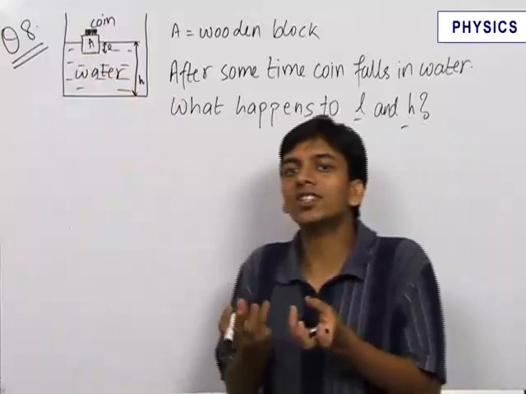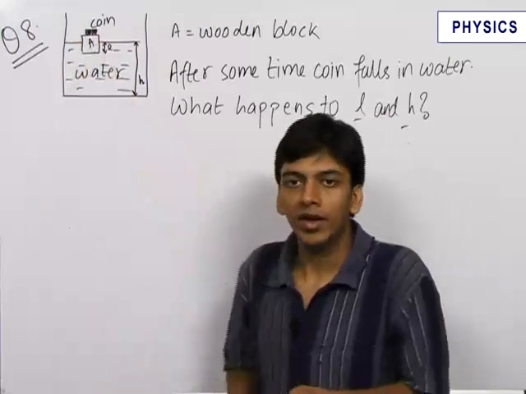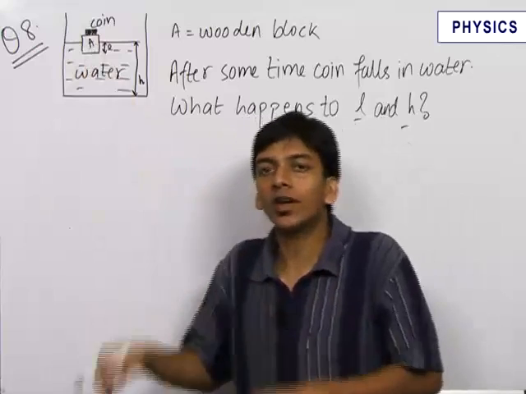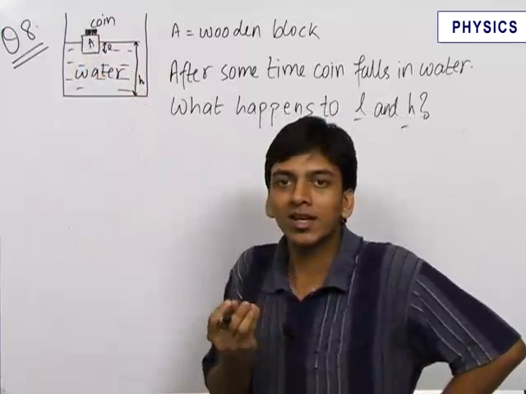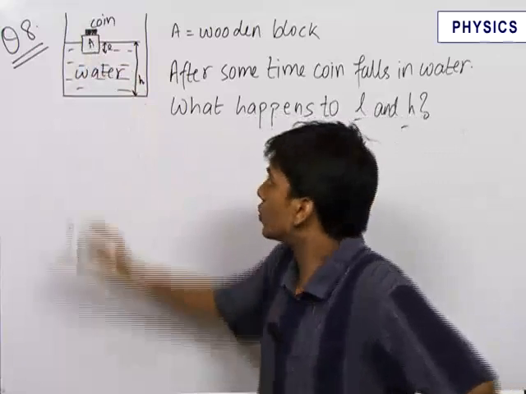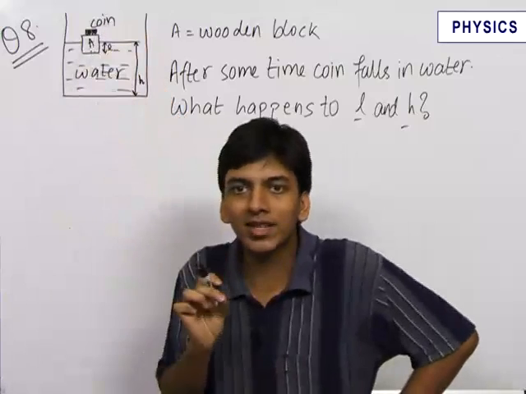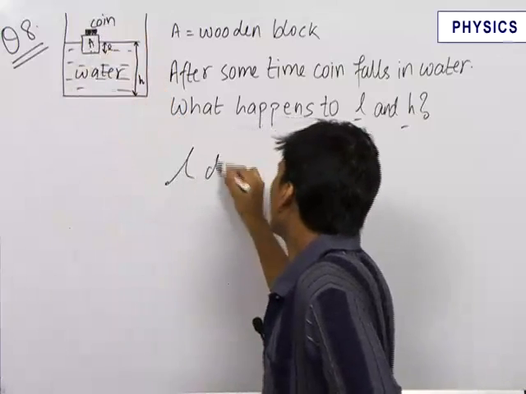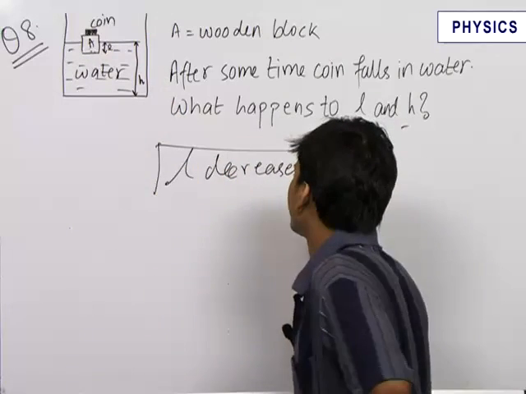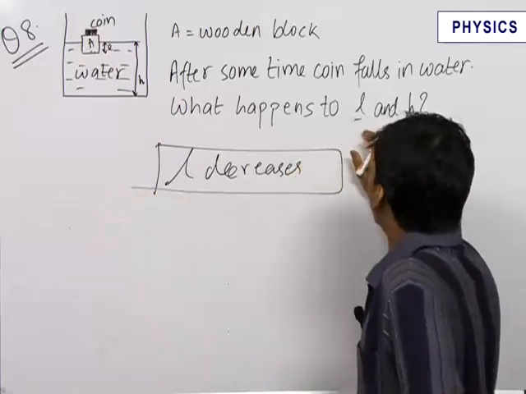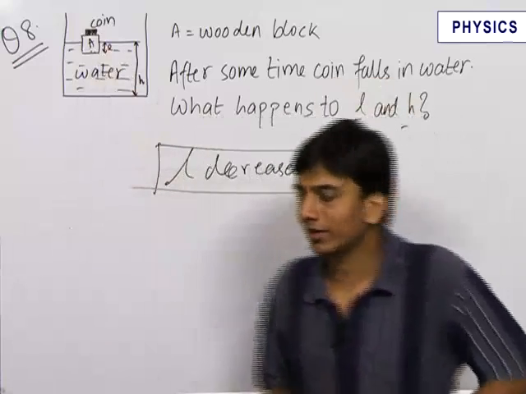So block A will displace only a volume of water whose weight is equal to the weight of A. So finally, after the coin has fallen in the water, block A will displace a lesser volume of water, and a lesser height of the block A will be inside water. Therefore, L decreases. So after some time when the coin falls in the water, L decreases. We've got the answer for that.